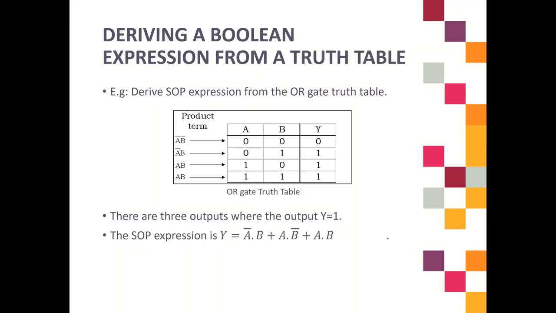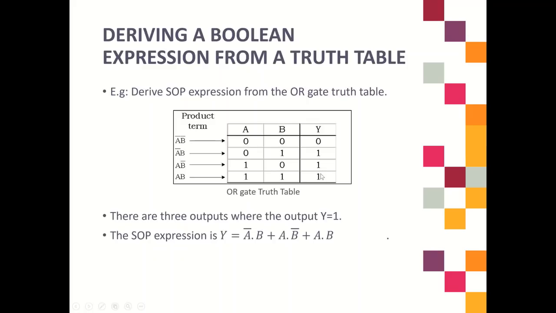In this example, derive the SOP expression from the OR gate truth table. You are given this truth table, and based on it, you have two inputs and one output, which is Y. Based on your output, you have three Y that equal 1.